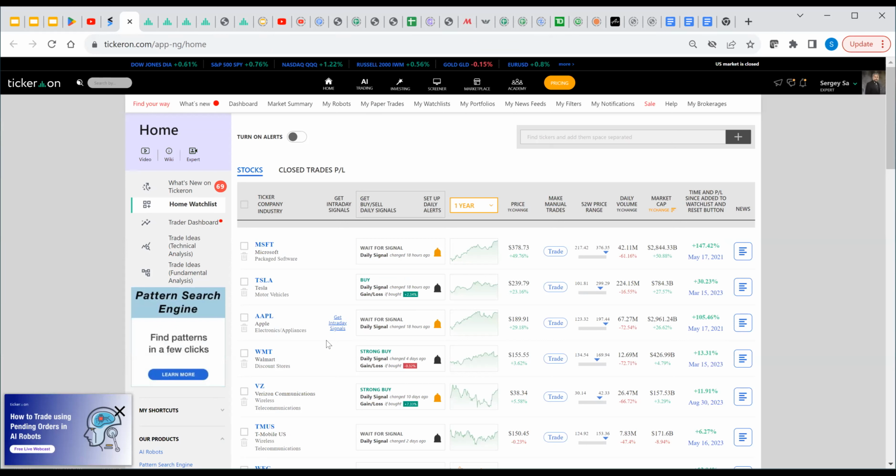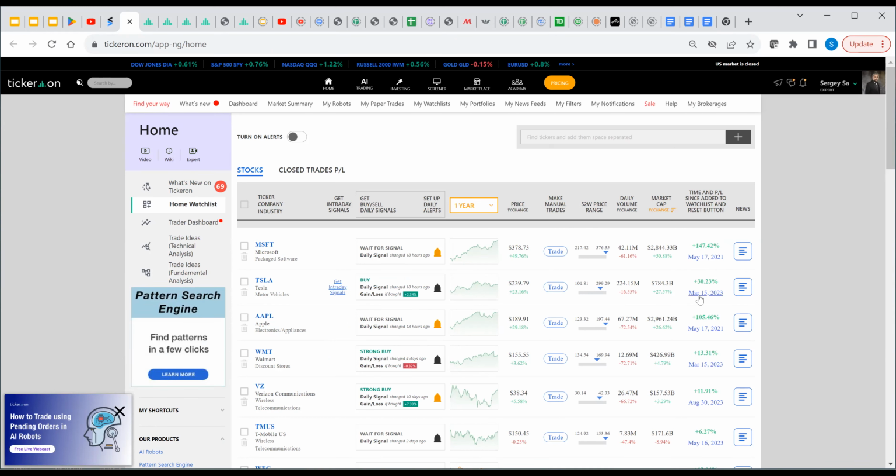So this is the home page when you log in. Here you see our home watch list, where you can put your own tickers and really follow them. Here is the ticker Microsoft. I placed that on my watch list on May 17, 2021. And since that moment, it has grown to the level of 147%, okay?